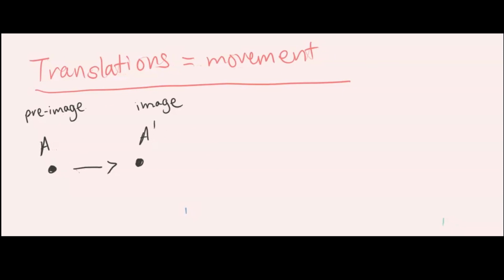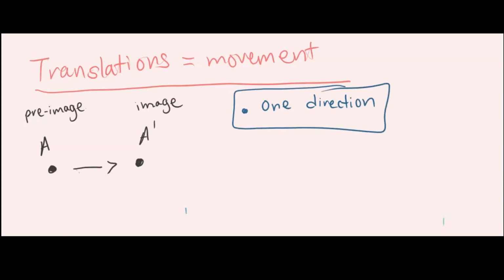I could move it to the right and then move it some number of units up or down, and that's a completely different story. And I forgot to mention that you could perform translations on the grid or off the grid, and it's very similar for other transformations. So let's write down the property here. There's only going to be one direction. That's the first thing we want to note, and let's move on.